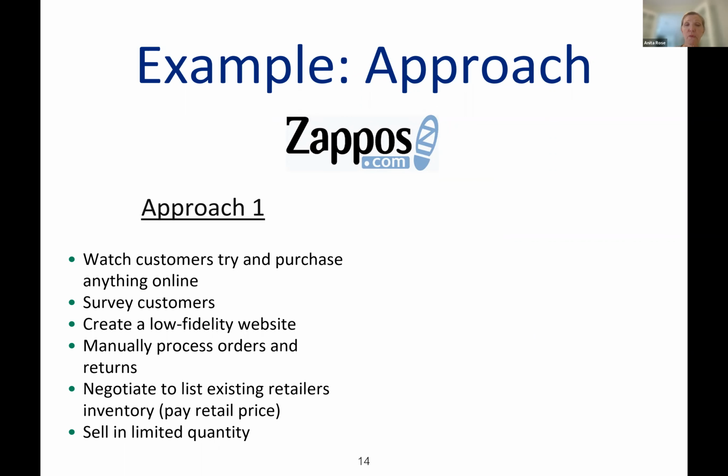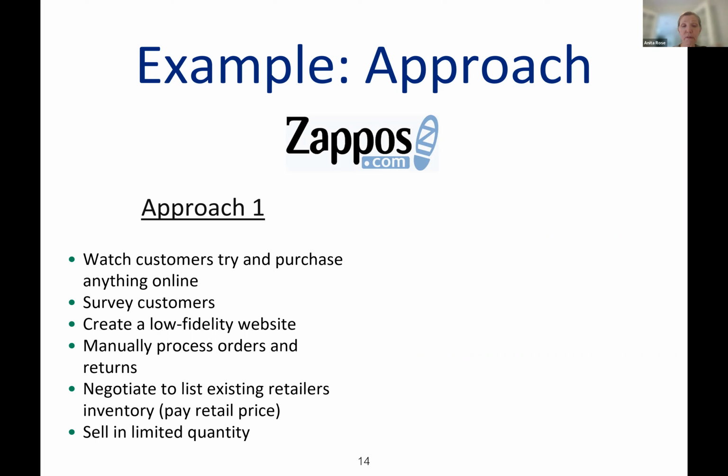One is watching customers try to purchase stores online, anything online, surveying customers, creating a low fidelity website that is just a very crude website just to see if people are interested in purchasing online. Then manually processing those orders and manually processing returns, whatever returns should come back.